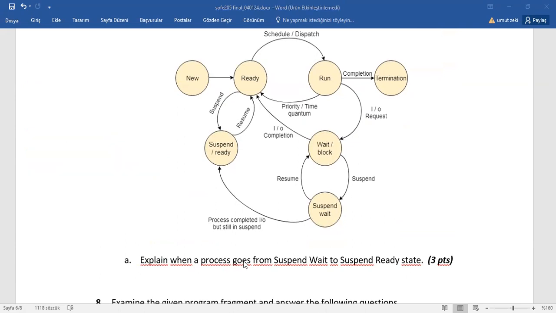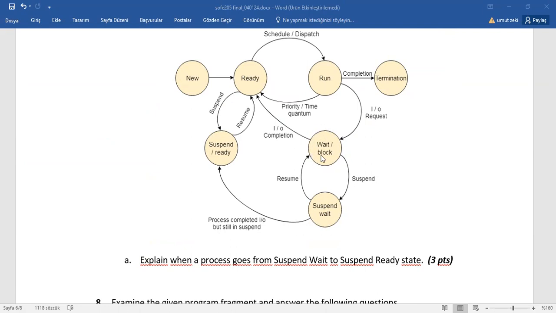Explain when a process goes from suspend wait to suspend ready state. By the way, the answer is written here. If you write this, I will give points. Process completed input output, but still in suspend.